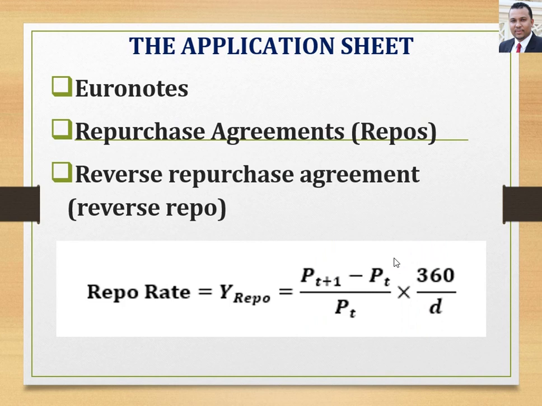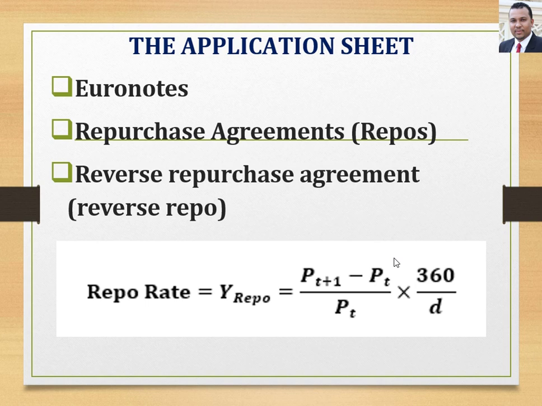Okay, at this point we reach page 95 in our textbook. The second part, we talk about the application sheet. In our application sheet, we started with page 14, where the first topic is the international money market.